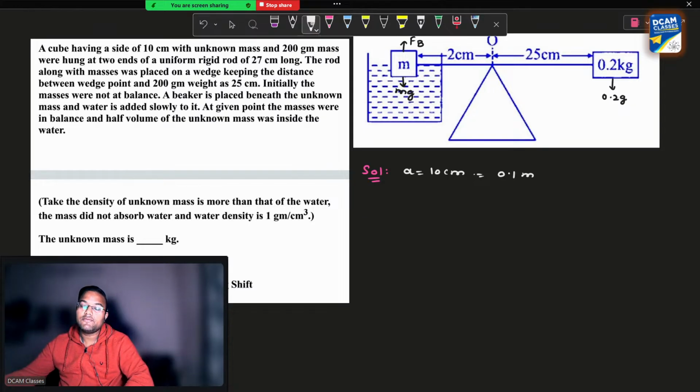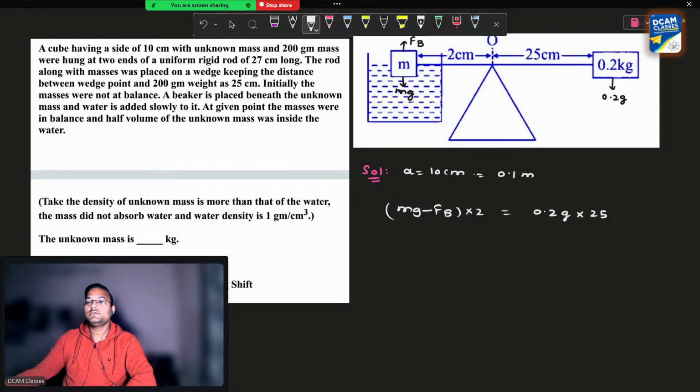But the equation that I'll frame is torque. I'll take the torque about O. mg minus FB, into 2 should be equal to 0.2 g into 25.